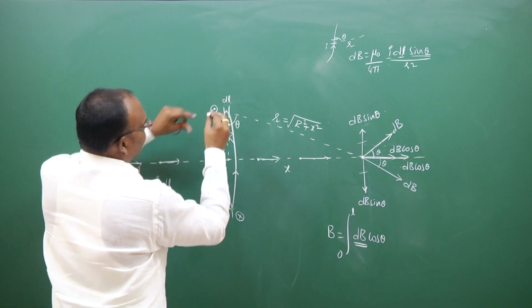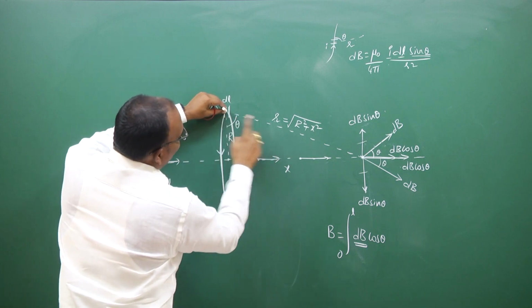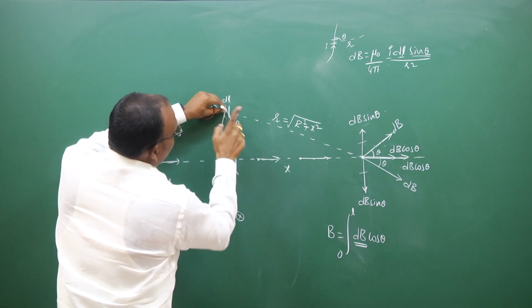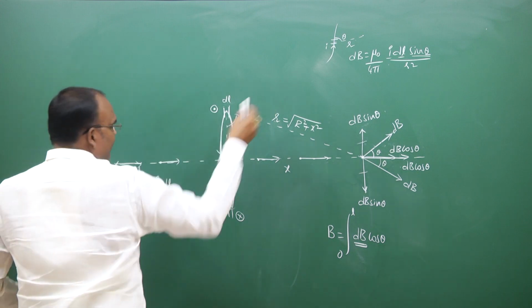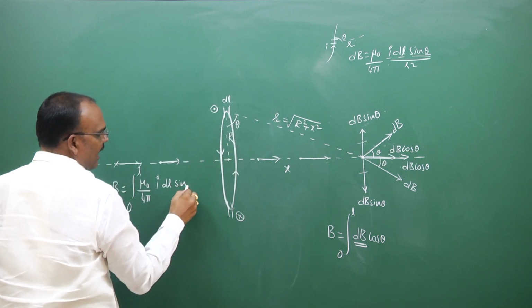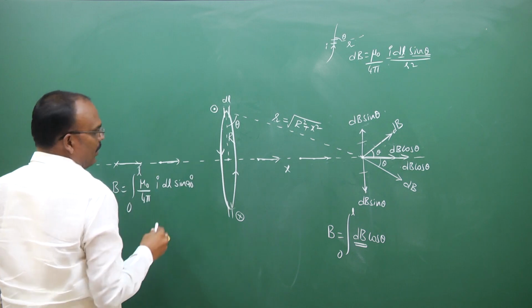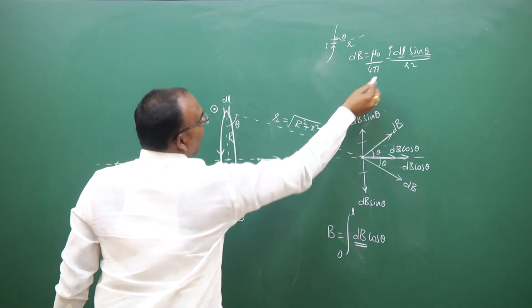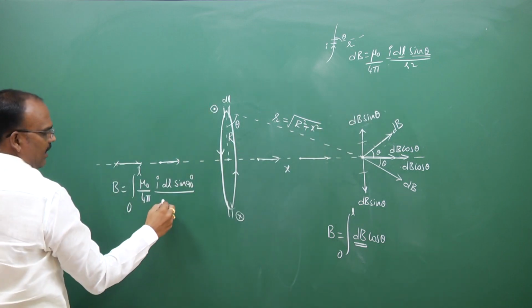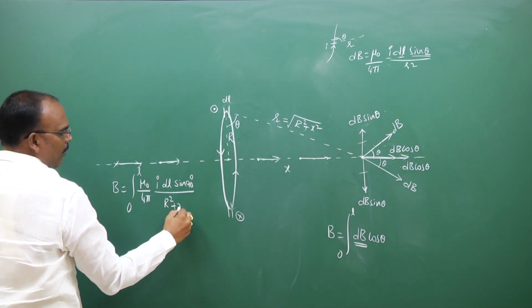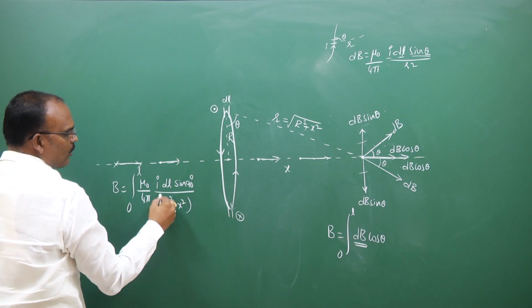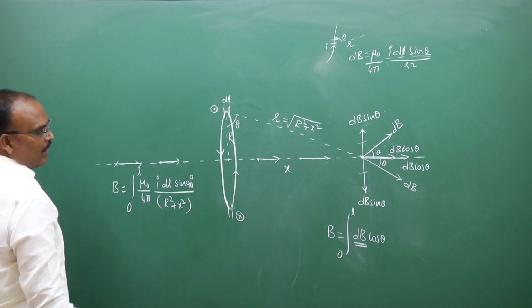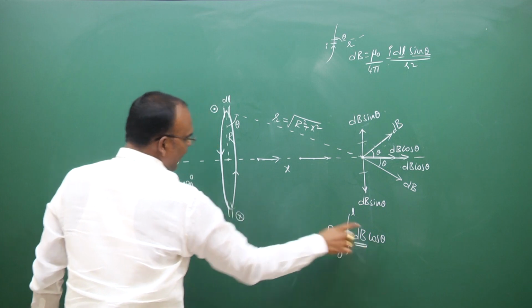So sin 90 degrees, divided by this distance we should take, r. The r value is root of R square plus x square, whole square. The root and square cancel. Still we have cos theta here.